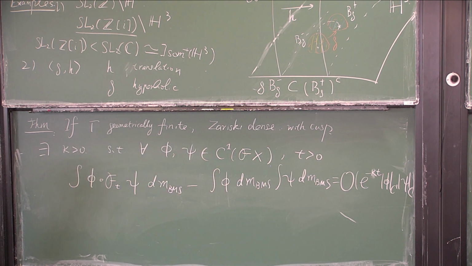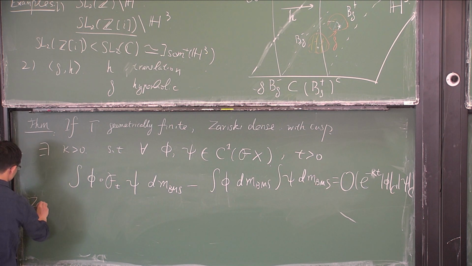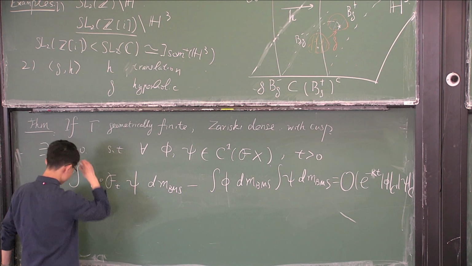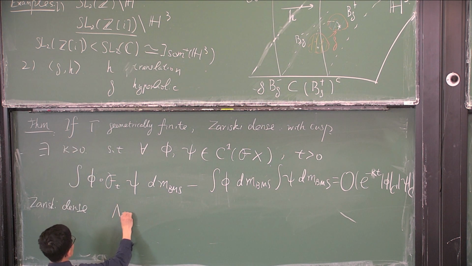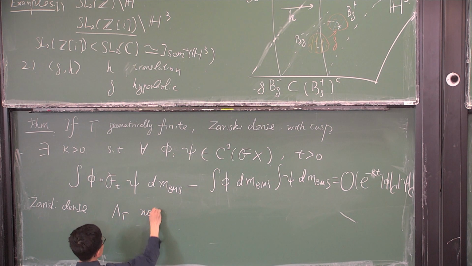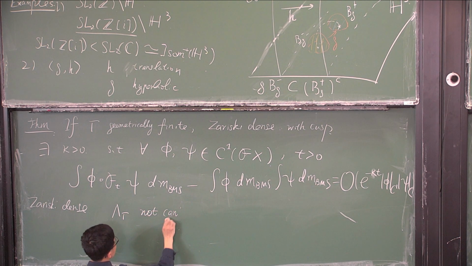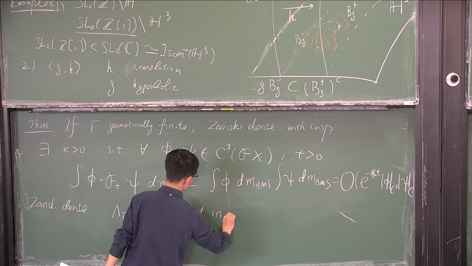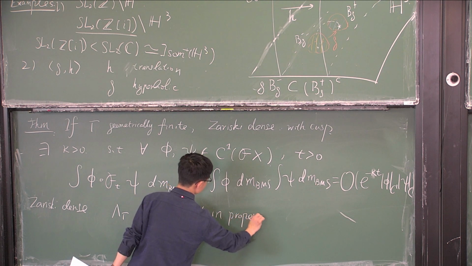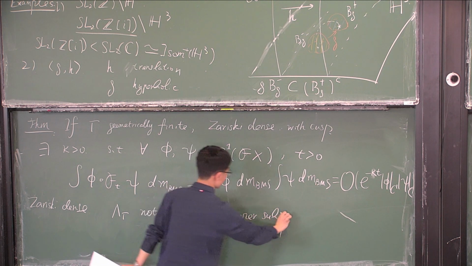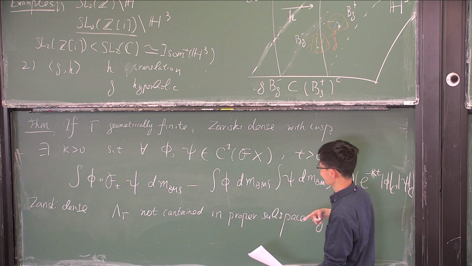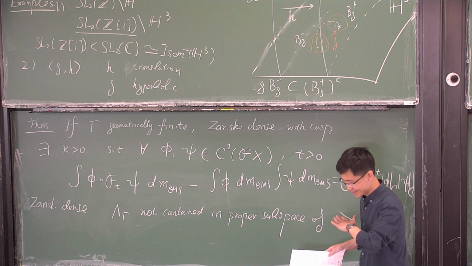Is the Zariski density necessary? Yes. Zariski dense here means that the set gamma is not contained in a proper subspace. It's like it's not contained in any large circle.